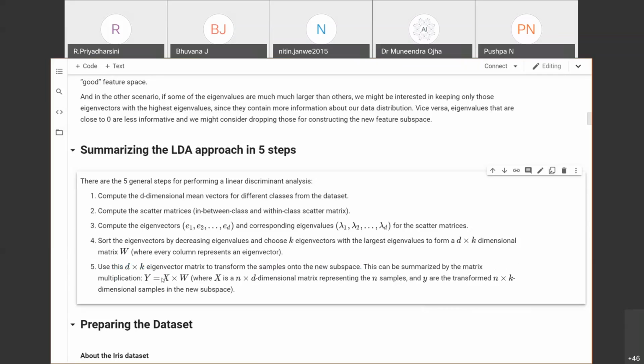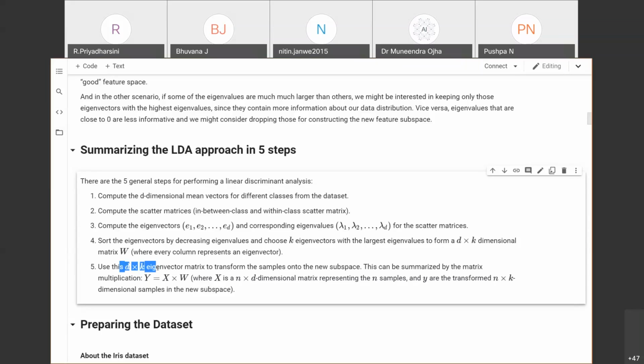This is my original data matrix X. I will multiply it with W so that I will get a projection of the original data points onto the new coordinate system. So W is giving me the new coordinate system. If I multiply it with X, I will get all the projections of the original data points onto the new coordinate system given by W.